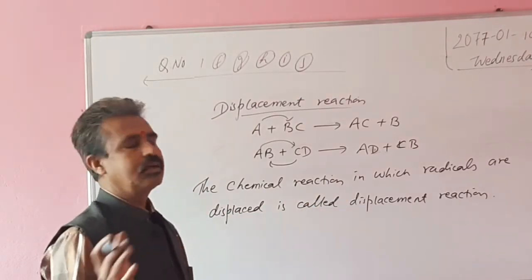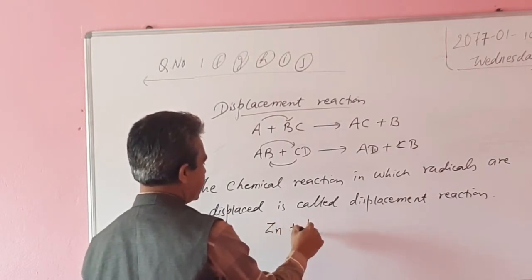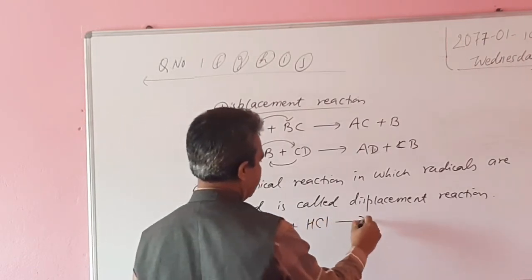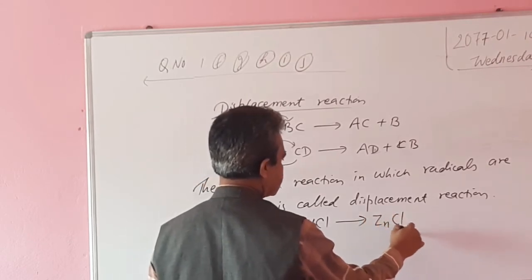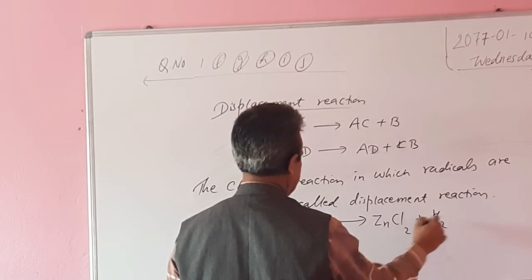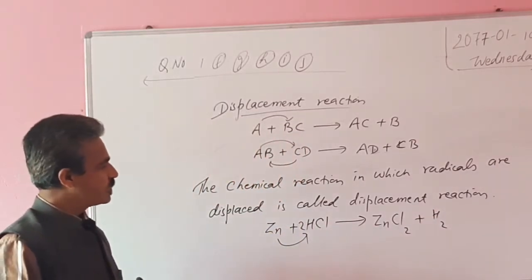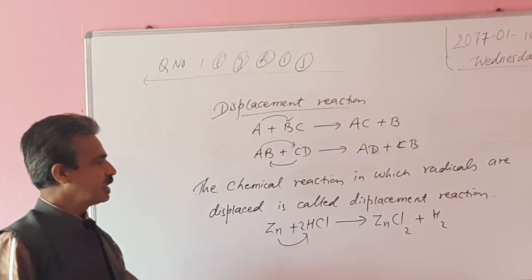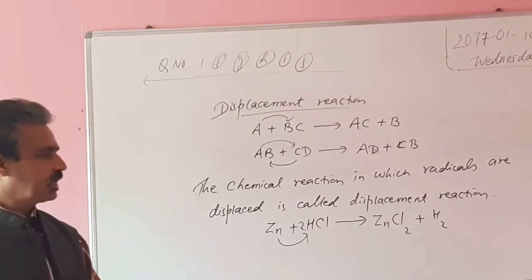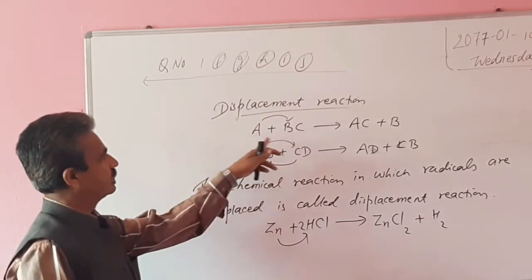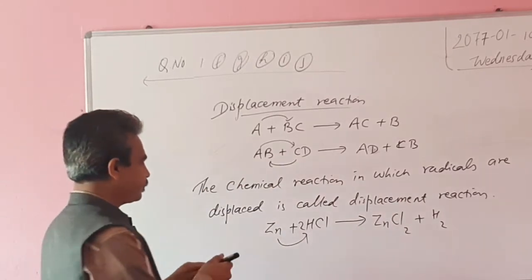One displaces, another replaces it. Example is, for example, Zn plus HCl. So Zn displaces H and new combination is there, ZnCl2 plus H2. So you can balance it. Zn plus 2HCl gives ZnCl2 plus H2. This is single displacement reaction. Displacement reaction. So if two are there, let me give one example.